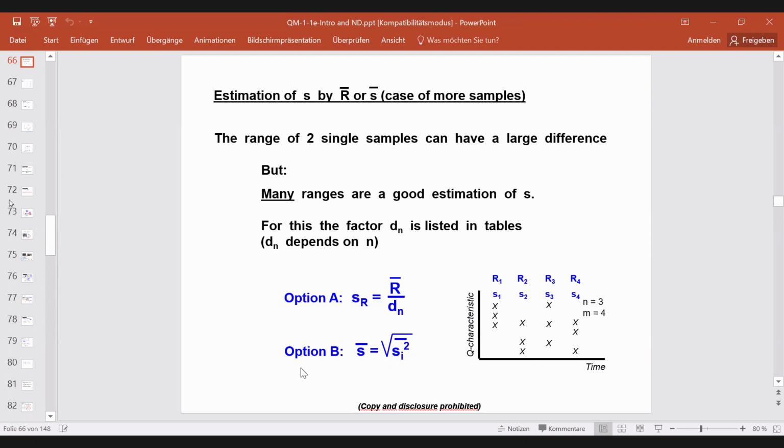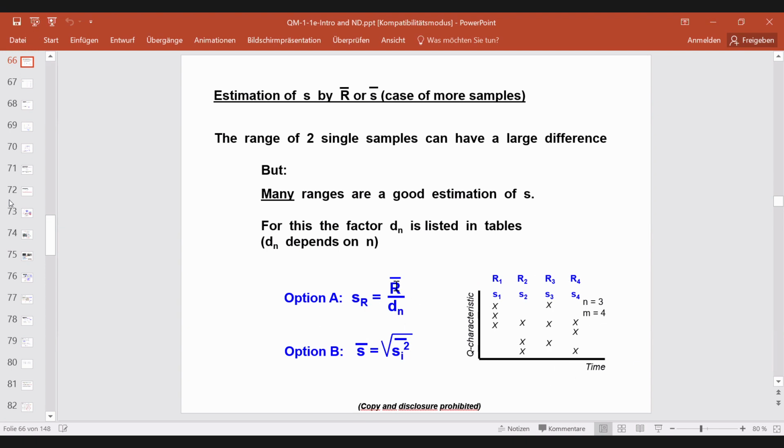Now you can estimate, you can calculate the standard deviation for the whole quality chart, for all the measurements here.